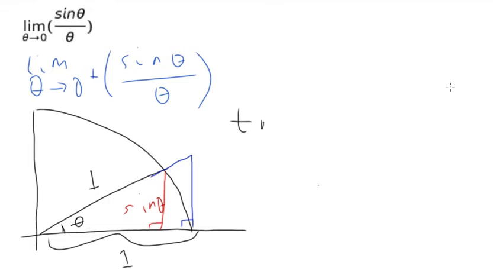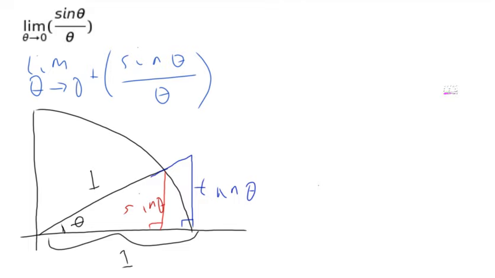So we know that tangent of theta in the right triangle is opposite over adjacent. So perhaps I'll call this h again. You know that tangent of theta is h over 1. So that means that h is tangent of theta. So I can put that down right here.